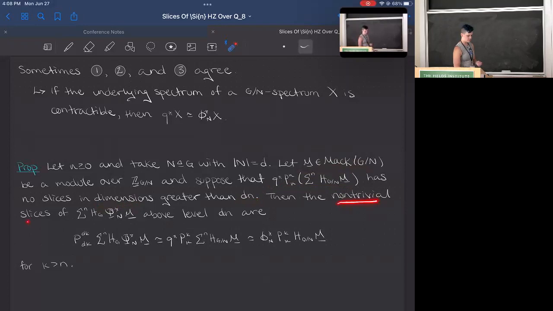Well, then the non-trivial slices of sigma n H G psi star M above level dn.